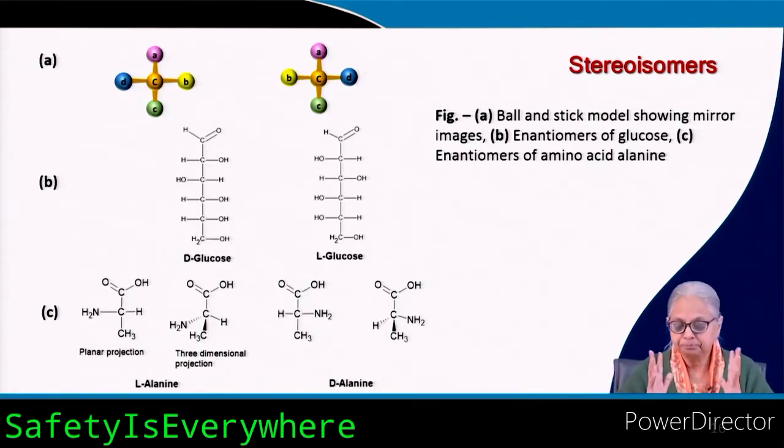So if you have an L-glucose molecule, it is not going to be digested by the microorganisms or even by human beings. It will bypass the digestive system and be excreted. That is the basis of some of the sweeteners.